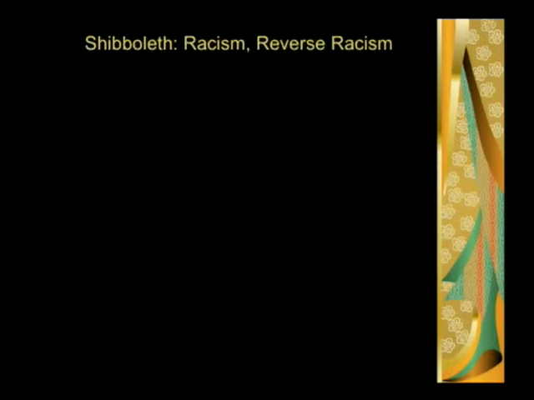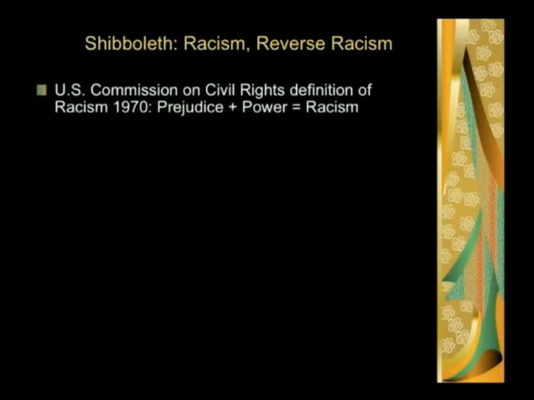So for example, as shibboleth, racism, reverse racism. So in the U.S. Commission on Civil Rights, the definition of racism from 1970, prejudice plus power equals racism.